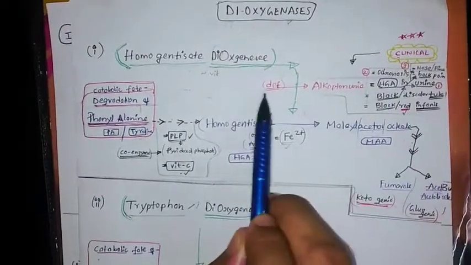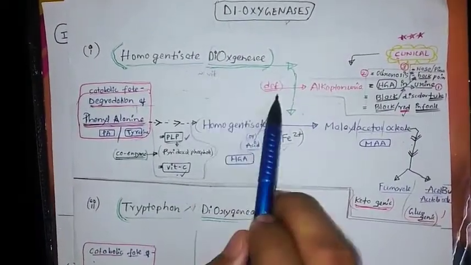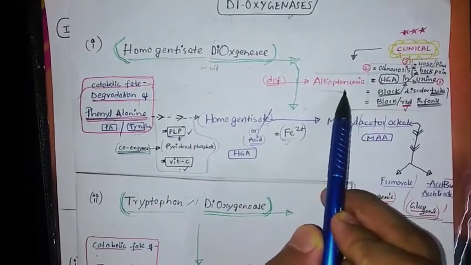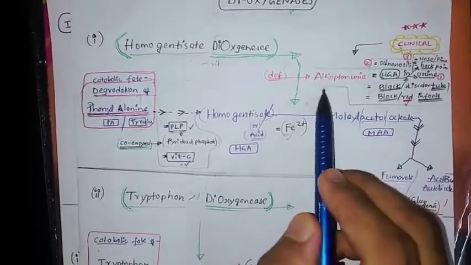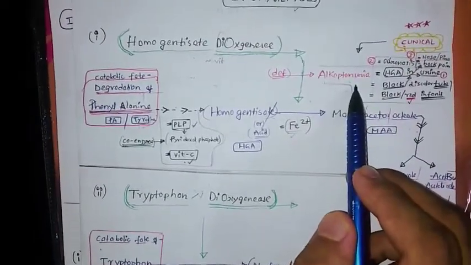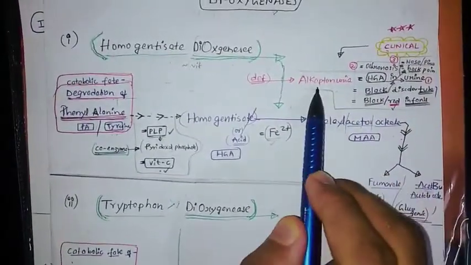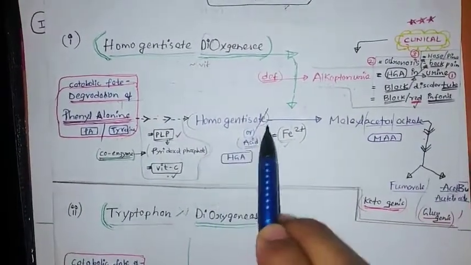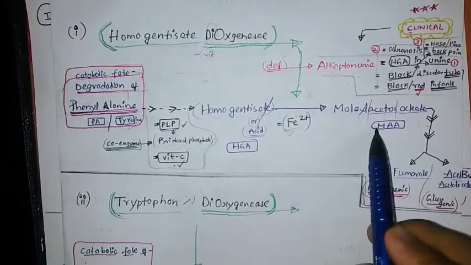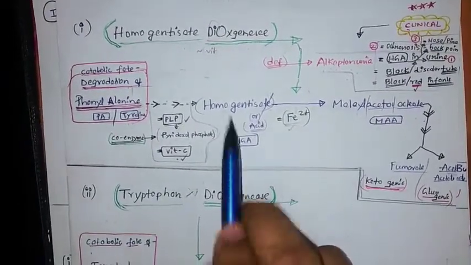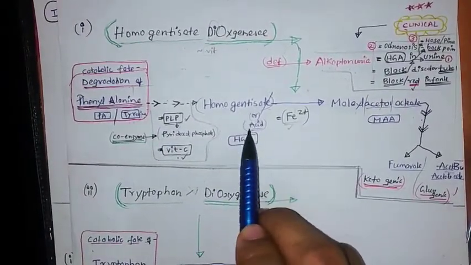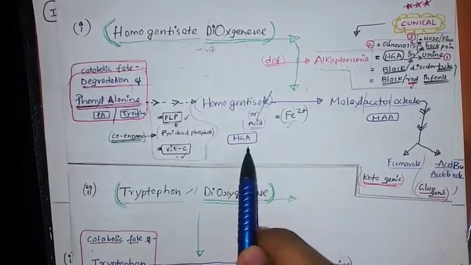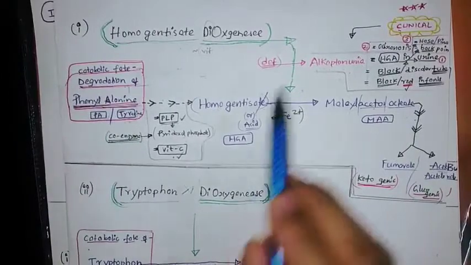Clinical point: deficiency of this enzyme causes alkaptonuria, a very important clinical syndrome or disease. What will happen in alkaptonuria when this enzyme is deficient? Homogentisate is not converted into MAA. Then homogentisic acid, HGA, both are the same, increases in the body when this enzyme is deficient.